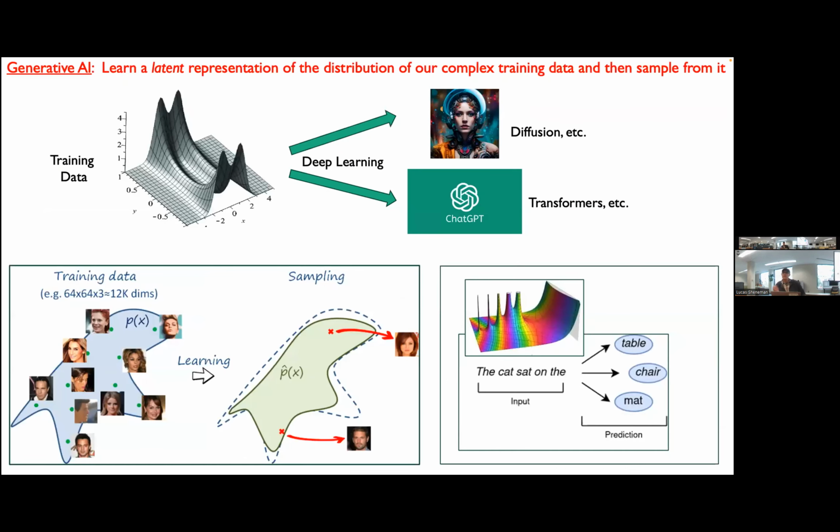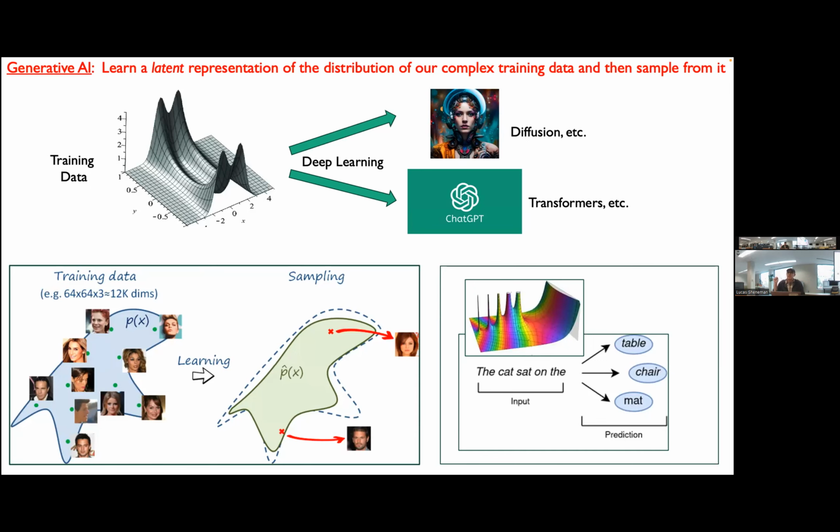But fundamentally, what generative AI is doing is learning a representation from a large amount of training data. You're learning what's called the latent representation, which is really the distribution of your data in all sorts of dimensions. It's usually very hyperdimensional data that you're working with. So you develop some sort of compressed latent representation of that data, and then you sample from it.